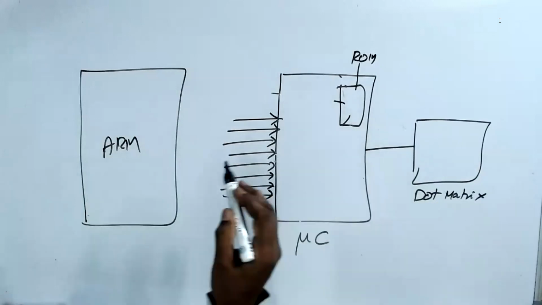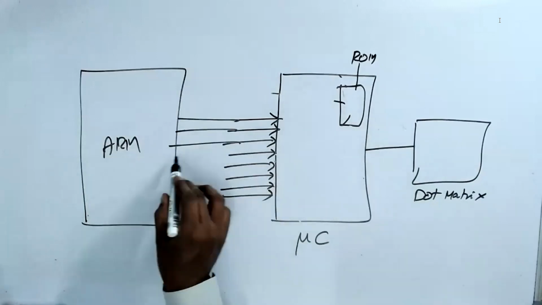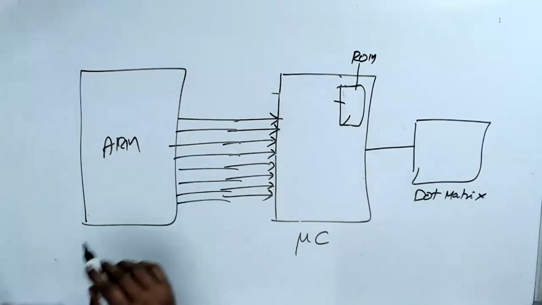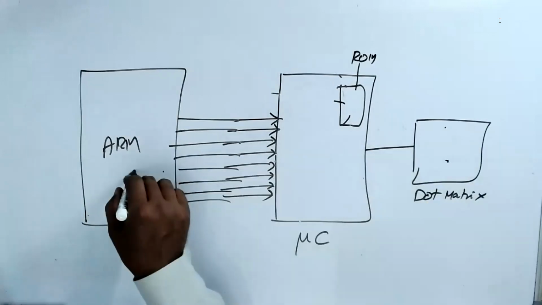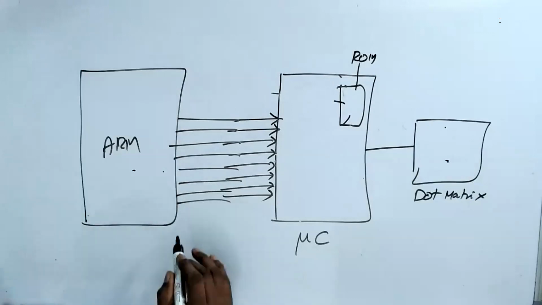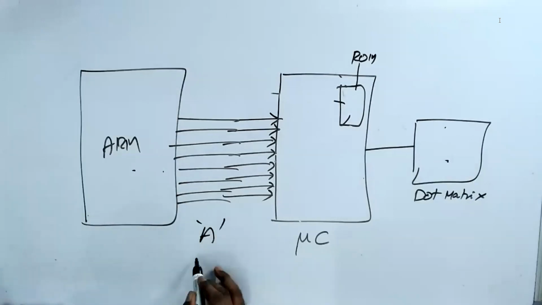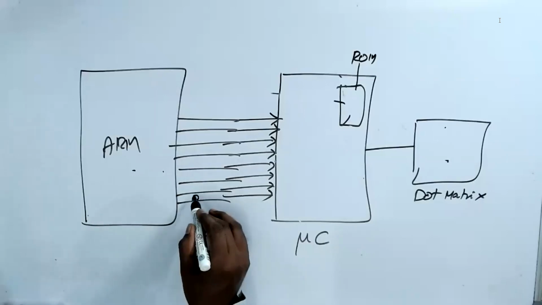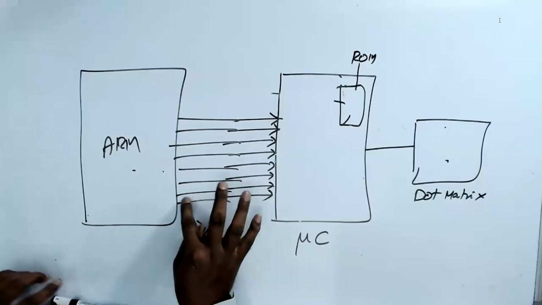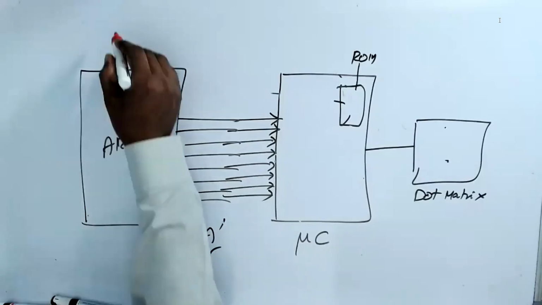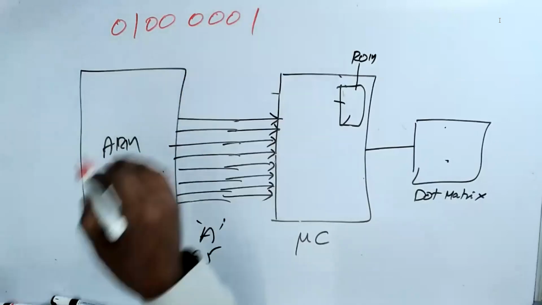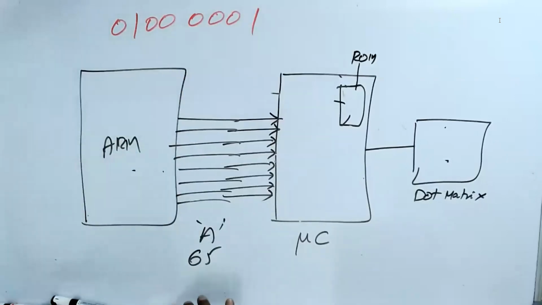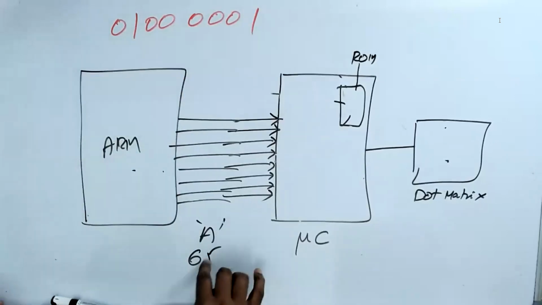I connect one port here. You know that every character has an ASCII code. I give the ASCII code for A, which is 65: 0, 1, 0, 0, 0, 0, 0, 1. Am I right? That is the ASCII code for 65.